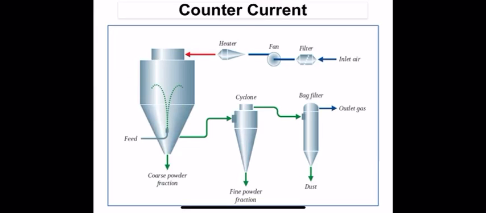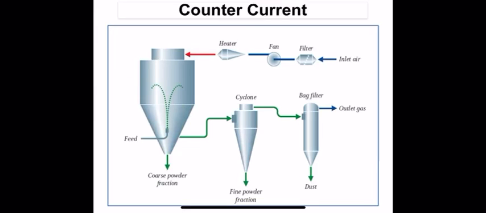If you see this from the top, as you can see, the inlet air is drawn in through the filters, then passed through the fans and into the heaters. It heats up the air, and when the air is heated, it is then thrown into the chamber.